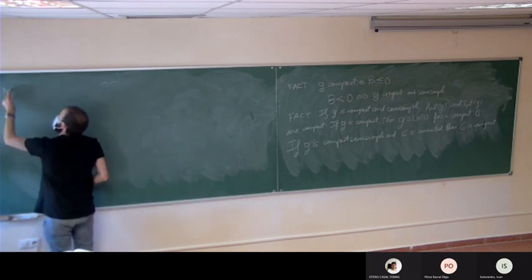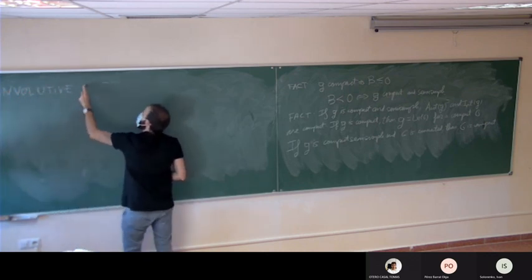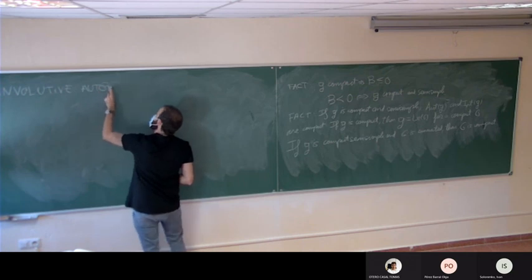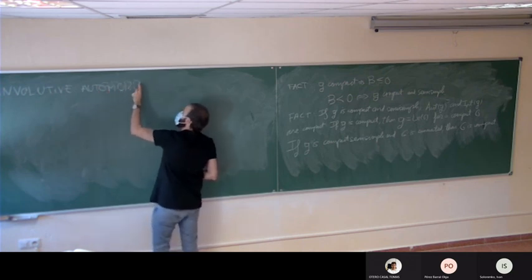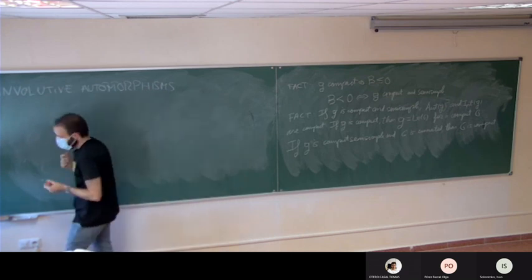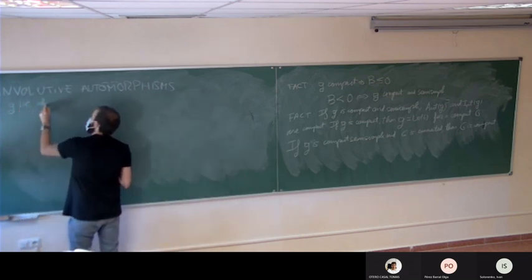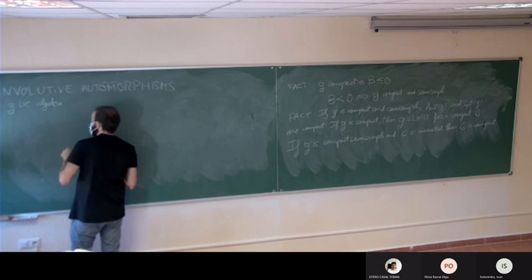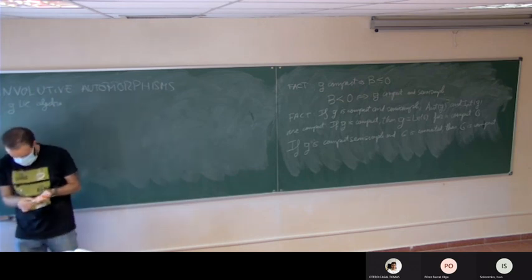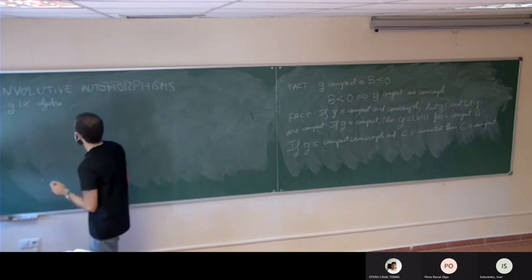So, okay, suppose that G is a Lie algebra of finite dimensions, and we have an involutive automorphism of G.